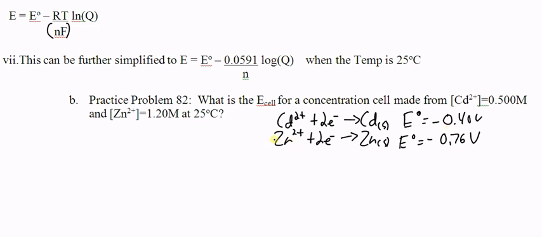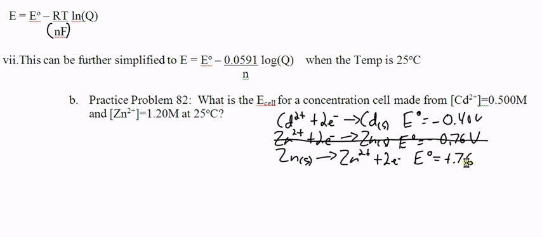And so what that tells us is that this half reaction is going to get flipped, changing the information into zinc solid yields zinc 2 plus and 2 electrons, giving us a standard cell potential of positive 0.76 volts.